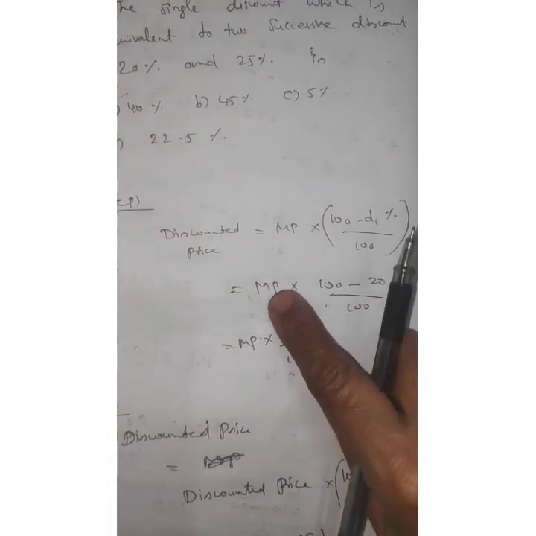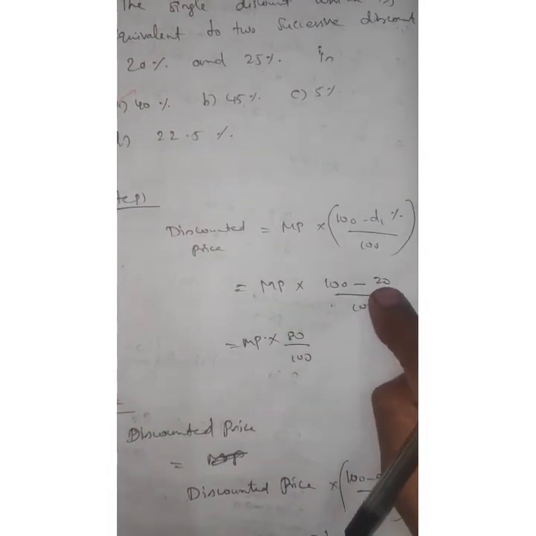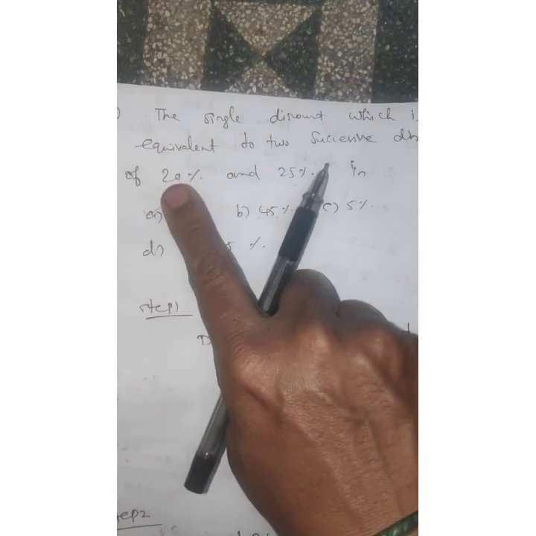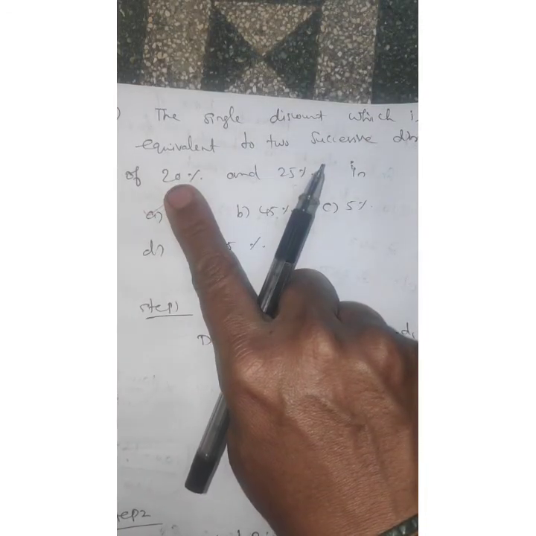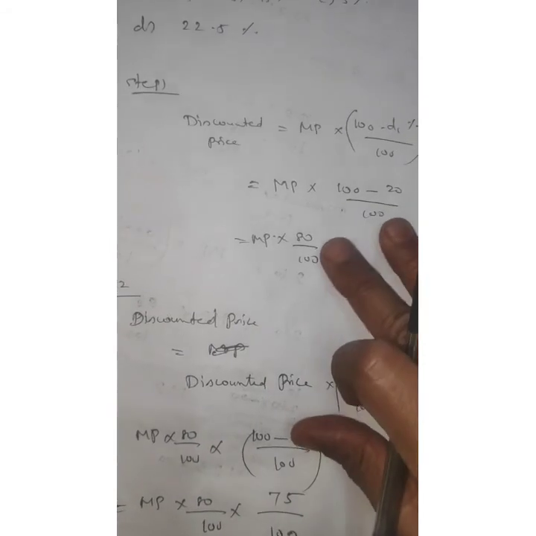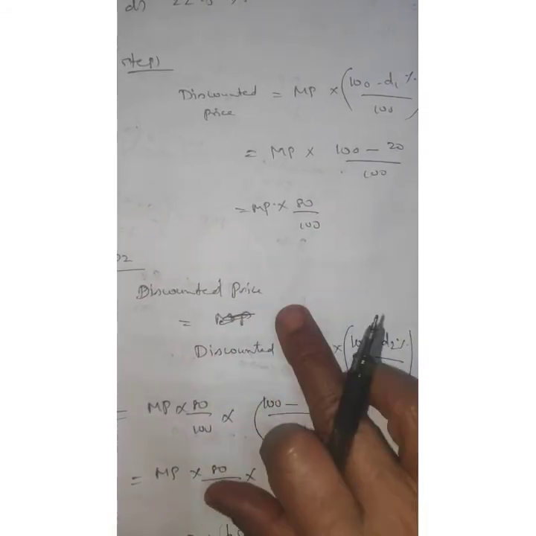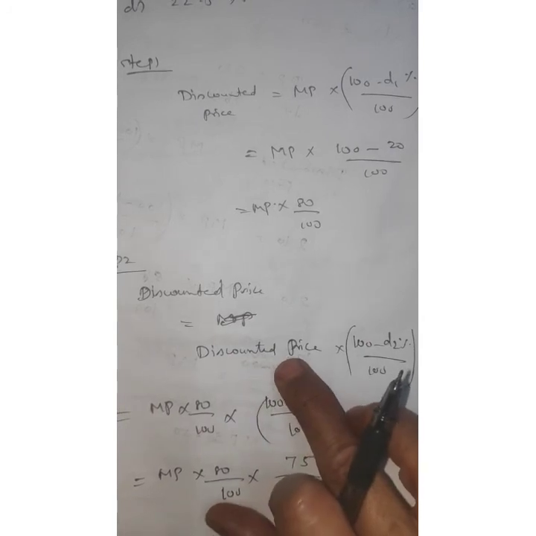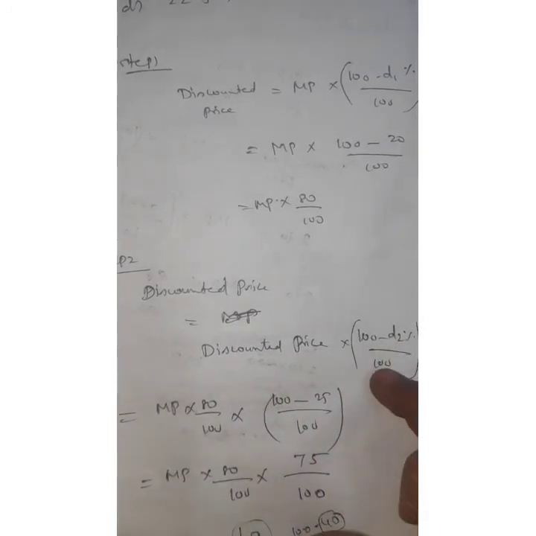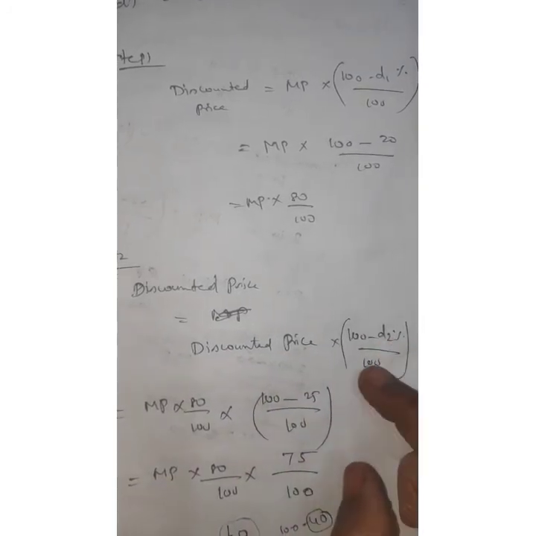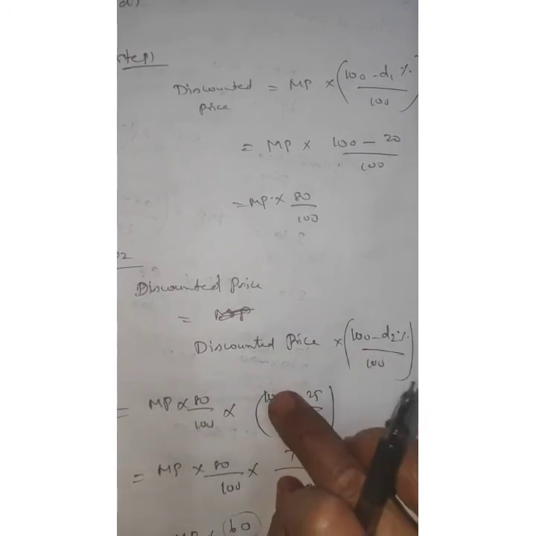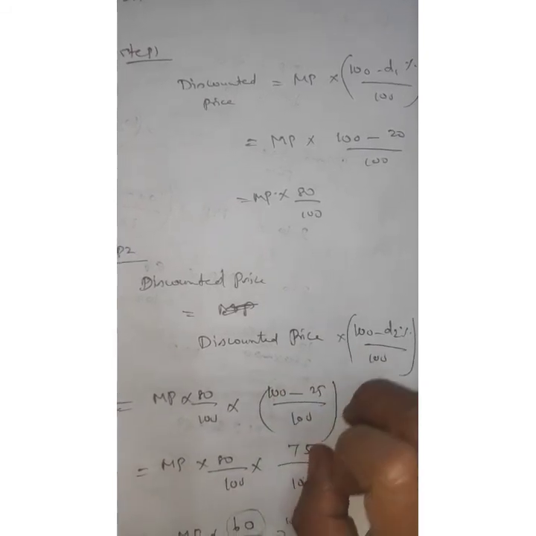First discount is 20%. 100 minus 20 divided by 100 equals 80 by 100. Now the discounted price equals the price into 100 minus the second discount percentage divided by 100. Second discount is 25%, so 100 minus 25.